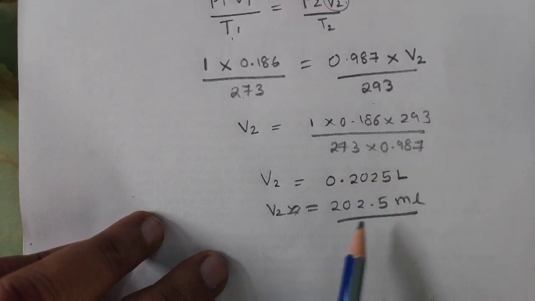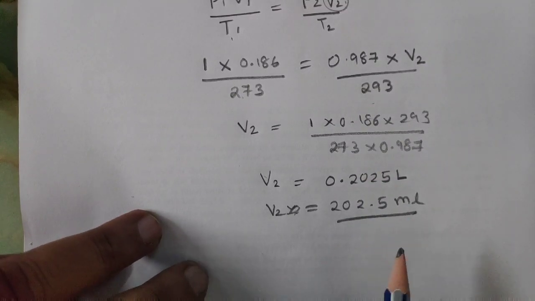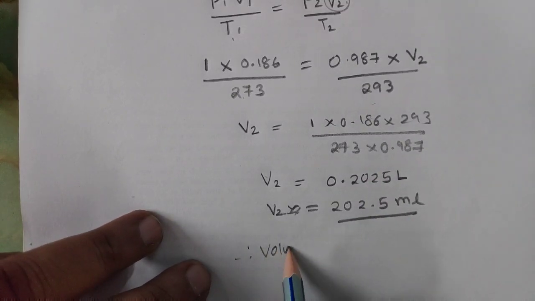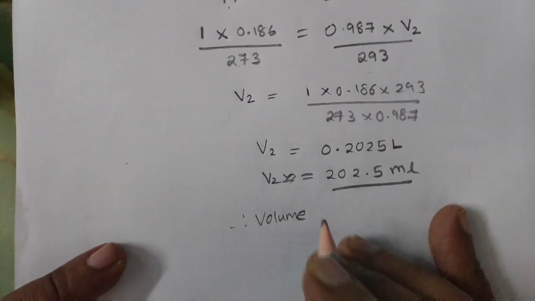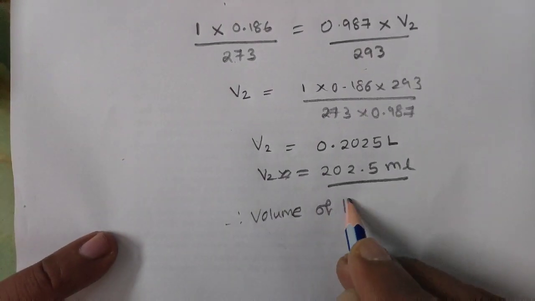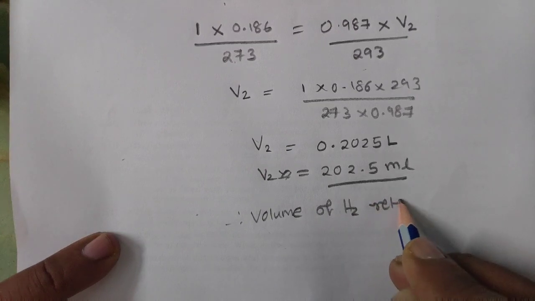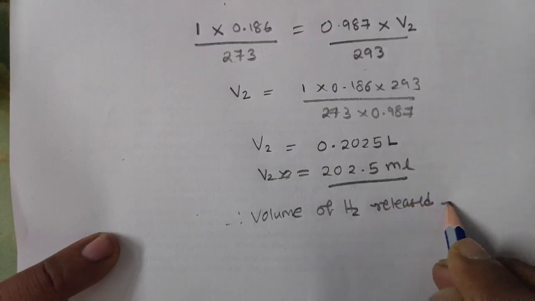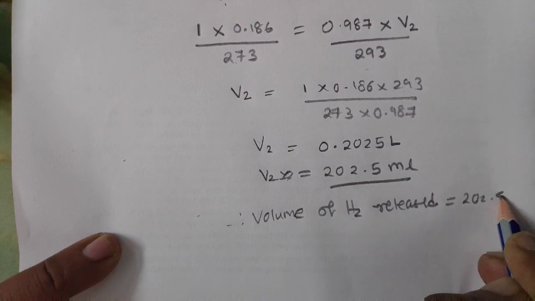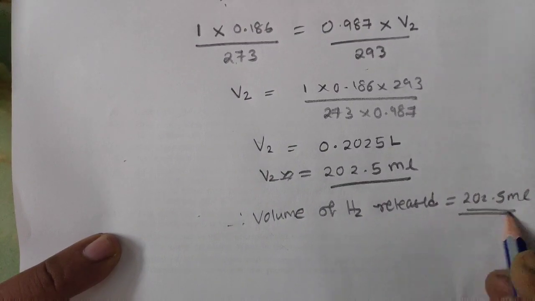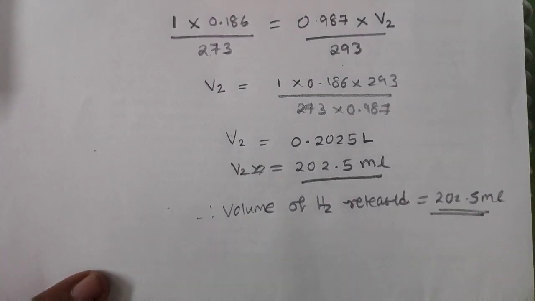Therefore the volume of H2 released is equal to 202.5 ml. Okay, so this is the answer to your question.